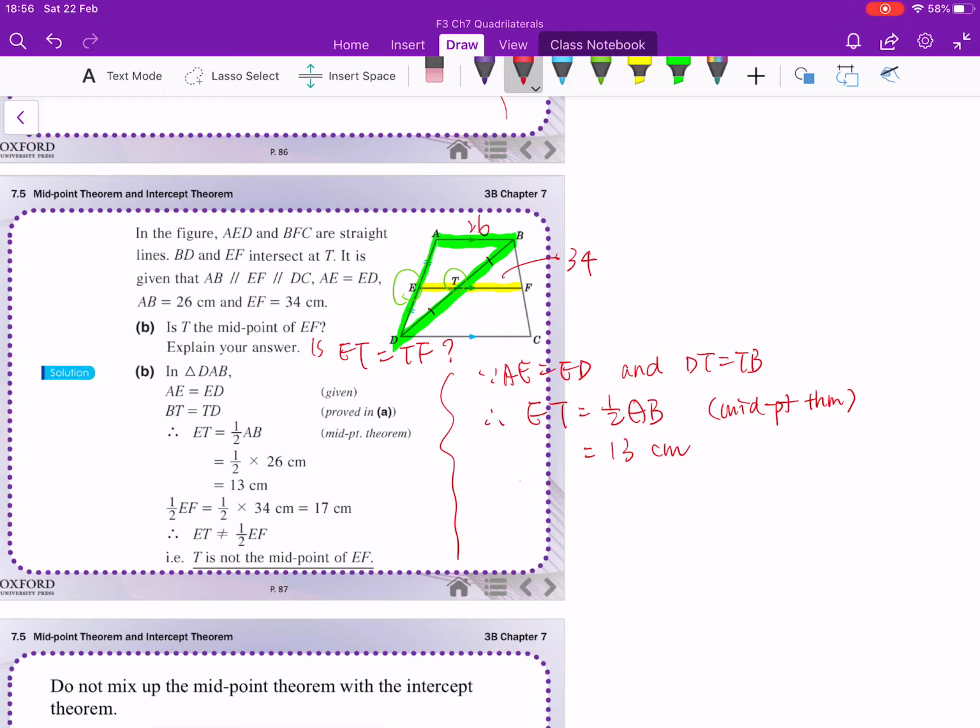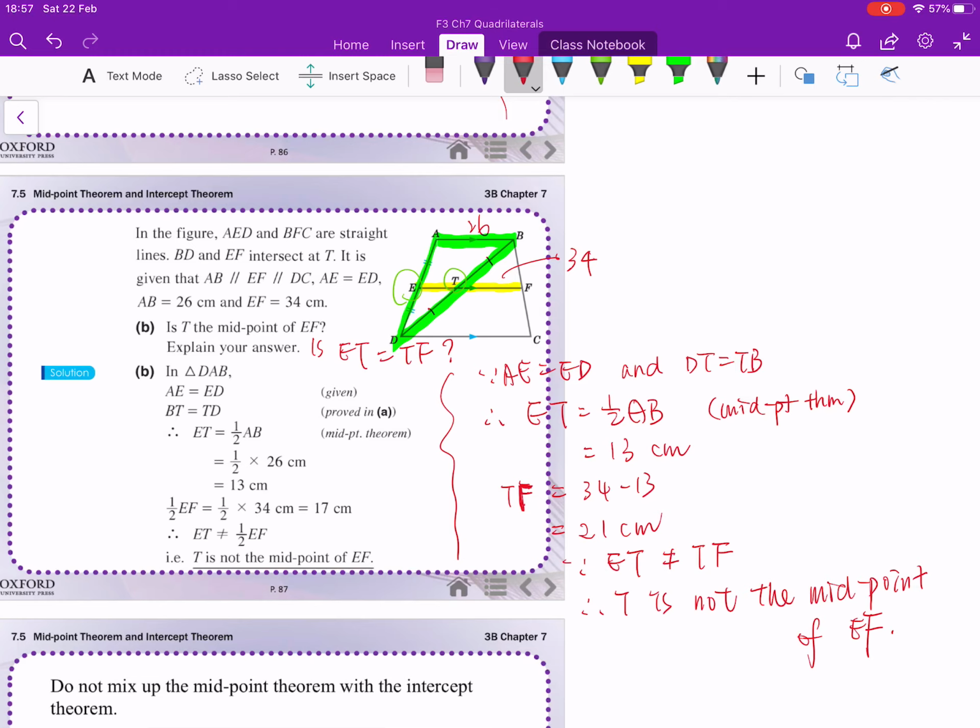And we know that EF equals 34, so taking the difference, the length of TF equals 34 minus 13, which is 21 cm. So since ET does not equal TF, therefore T is not the midpoint. Not very difficult, quite straightforward, but it applies the new theorem you just learned.